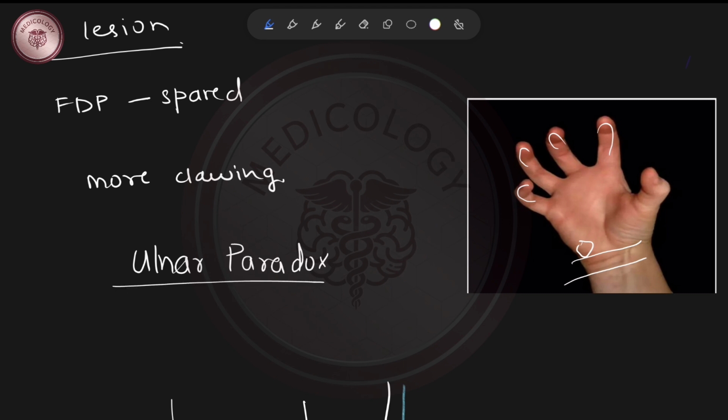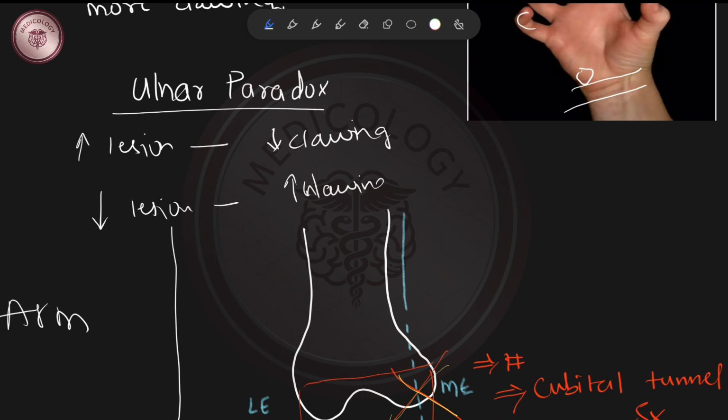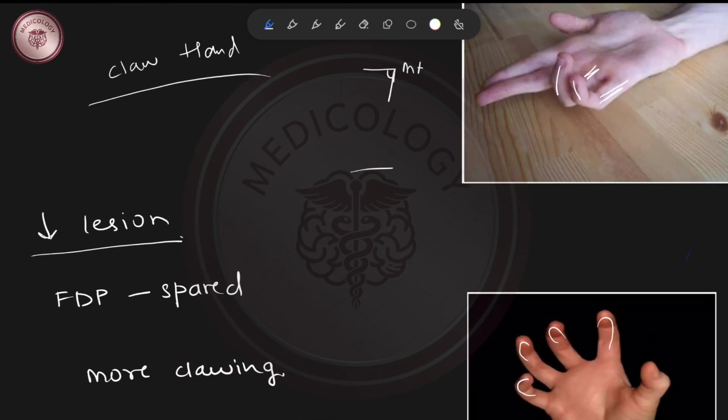In the higher lesion, there is less clawing, and in the lower lesion, there is more clawing. If the patient comes to you with this sign, claw hand is a classical example of ulnar nerve injury.